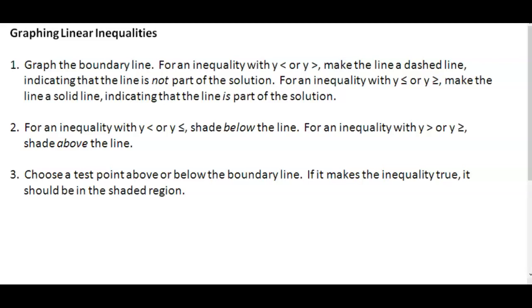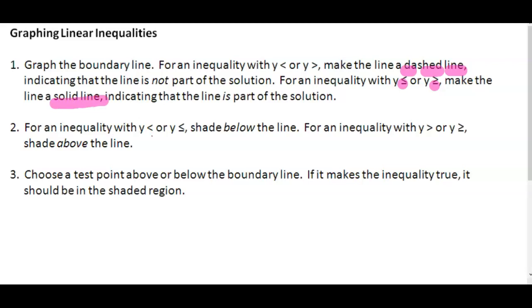Graph the line based on y equals mx plus b. If it is less than or greater than with no equal to's, the line is dashed. If it is less than or equal to or greater than or equal to, the line is solid.